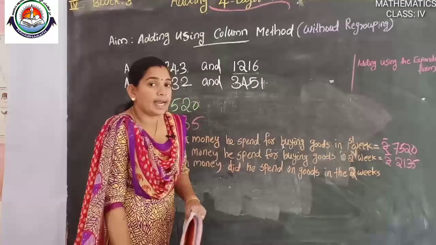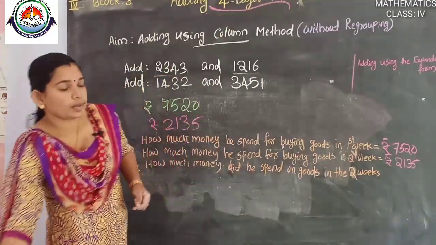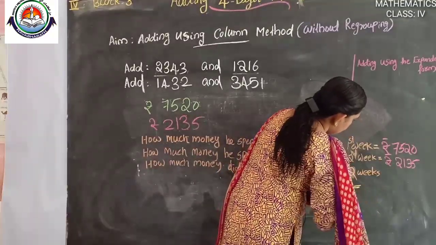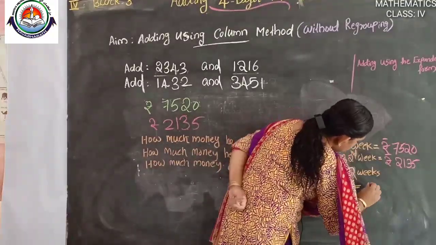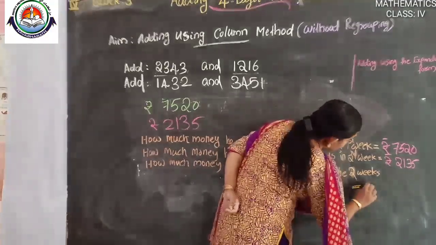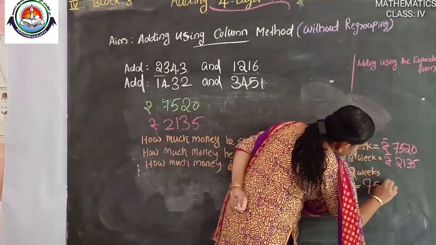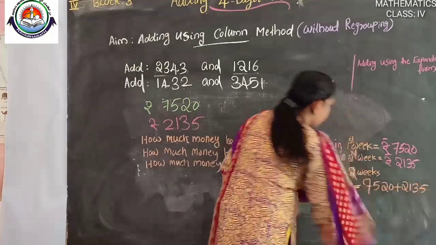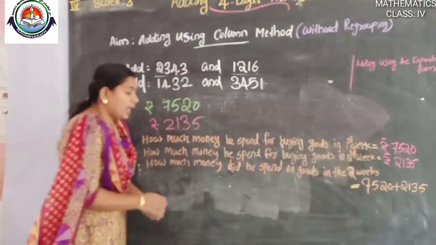What we do? Adding the two amounts. How we add? 7,520 plus 2,135. We draw a column.